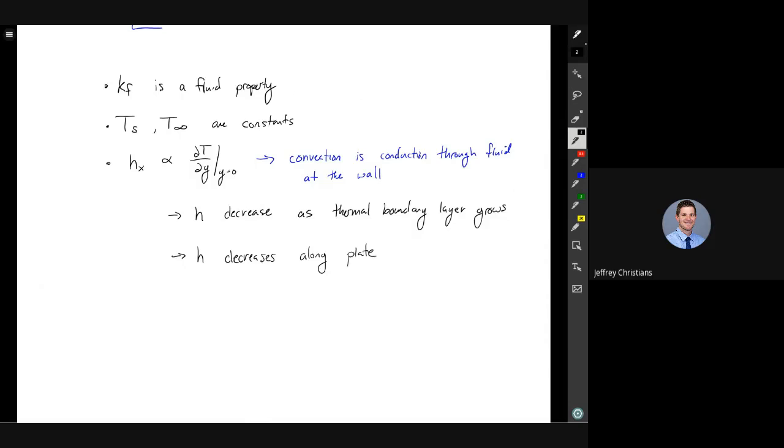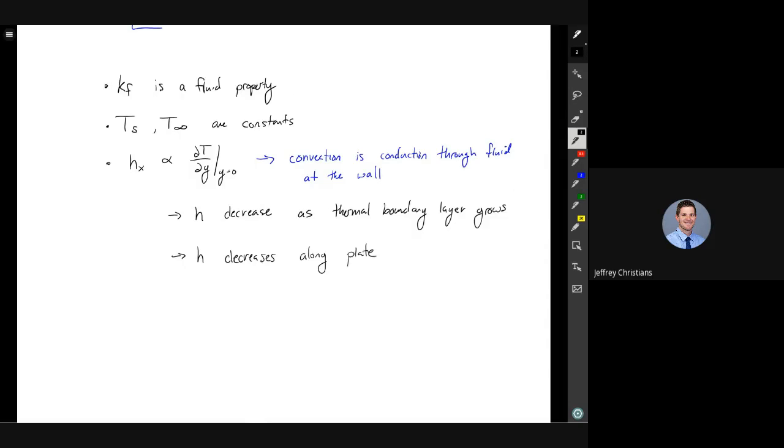So we kind of have to deal with that in a more sophisticated way, where H, if you're flowing over a flat plate, is going to be really high at the front edge and pretty low at the back edge of that plate. So we're going to have a fairly significant change in what that value is.